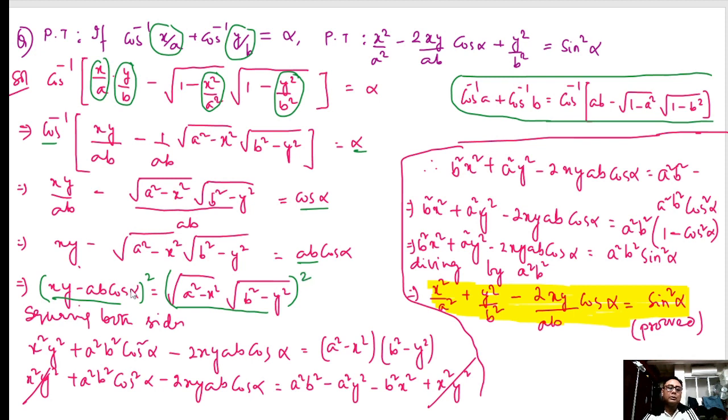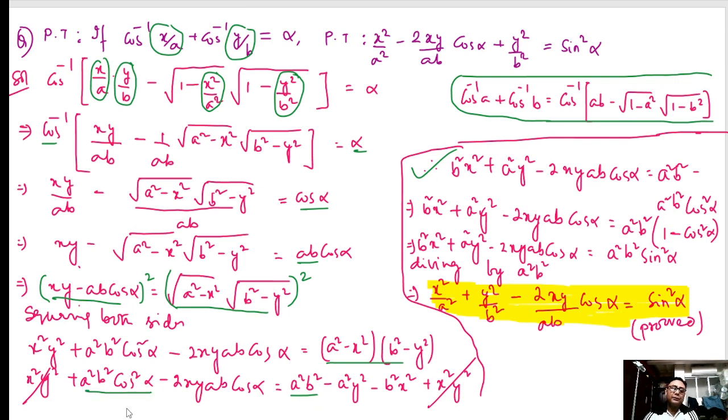So a minus b whole square is a square plus b square minus 2ab, and these roots will cut off. Now opening all the brackets, we see that x square and y square will cut out. So this comes. Now please note here, this is a square b square, and this is a square b square cos square alpha.